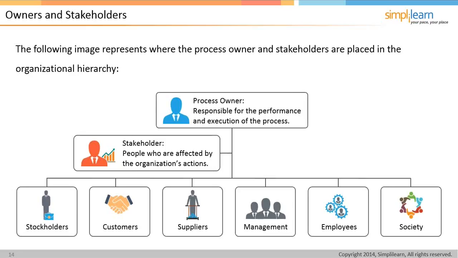The stakeholders are those people who are affected by the organization's actions, and they could be stockholders, customers, suppliers, management, employees, society in general, the communities. So we need to know for any project we're working on, who's the process owner? Would it make sense to have the human resources manager or the VP of HR in charge of a call center project? No. Does the VP have positional authority to do stuff?